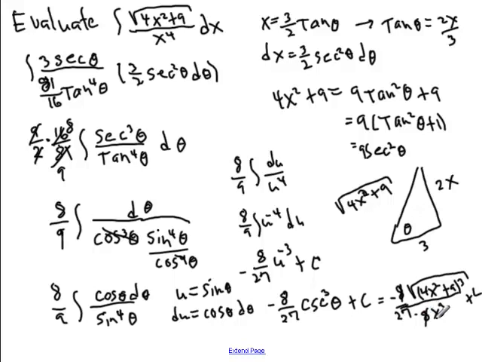And the 8's cancel off, and there's our answer. Negative square root of 4x squared plus 9, cubed, divided by 27x cubed, plus c.